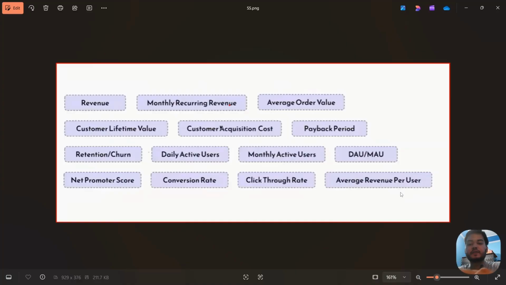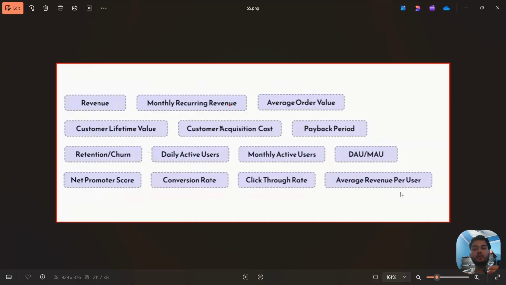And then come the daily active users. The number of unique users who actively use the product in a single day is your daily active users, and it is equivalent to monthly active users, because on a monthly basis the number of unique users who actively use the product is considered monthly active users.